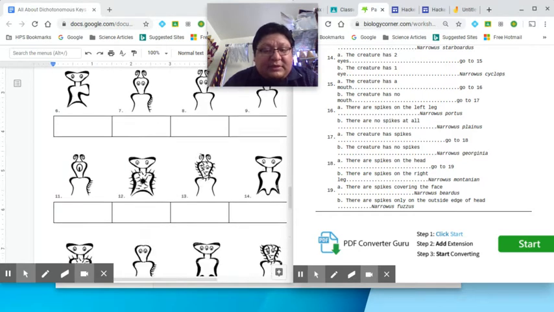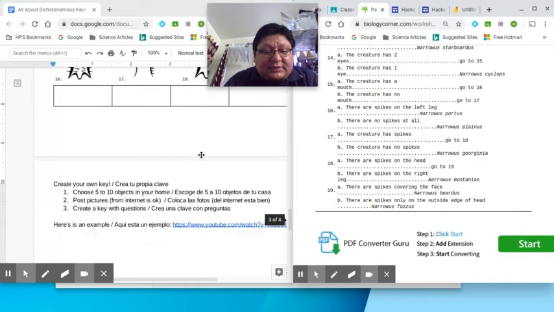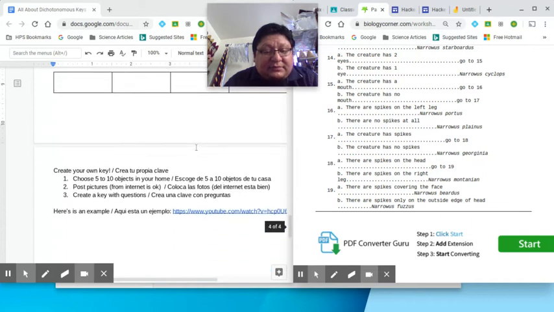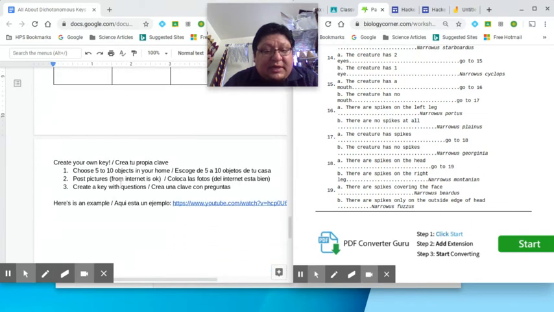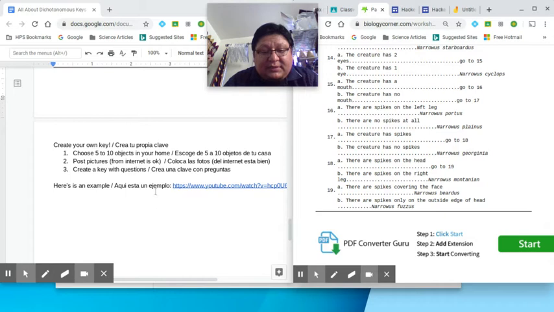All right, for the last part, once you finish this, there are instructions on how to create your own key, meaning choose 5 to 10 objects, whatever you have at home. You make the key just like this, and I'm going to see if it matches.